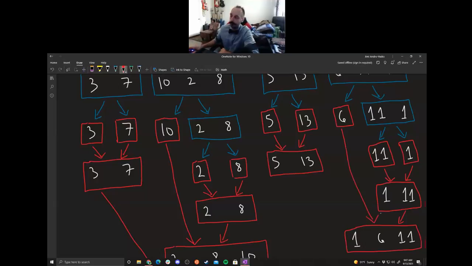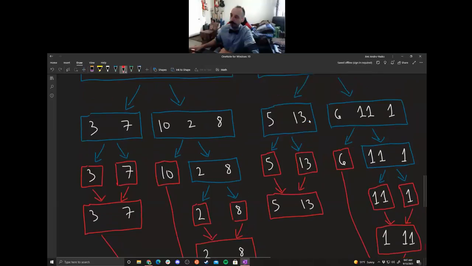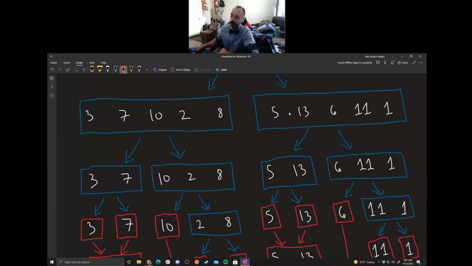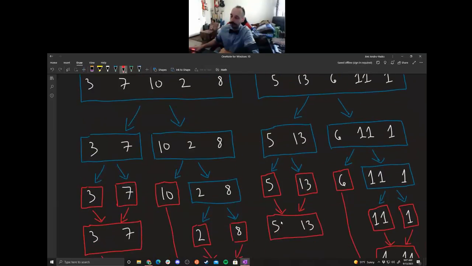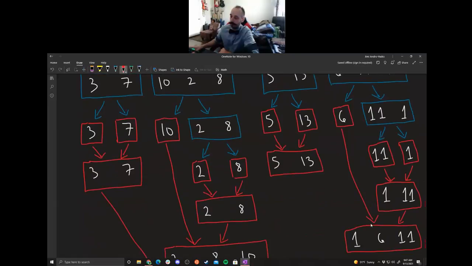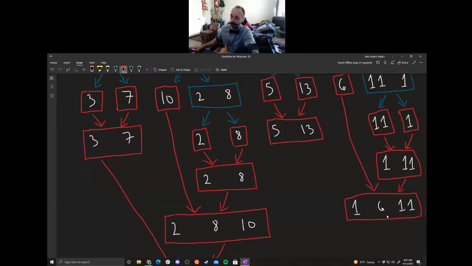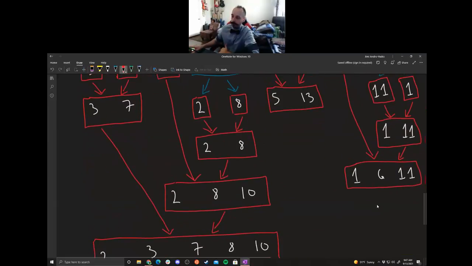So now, at this level, for this array, the left side is sorted, and the right side is now sorted. So we have to merge these two lists to create one bigger sorted list. Let me try to zoom out a little bit here.